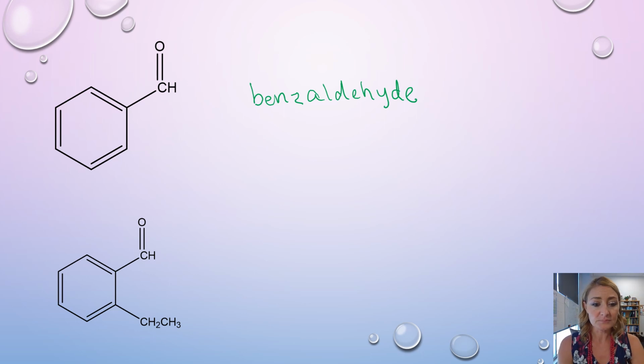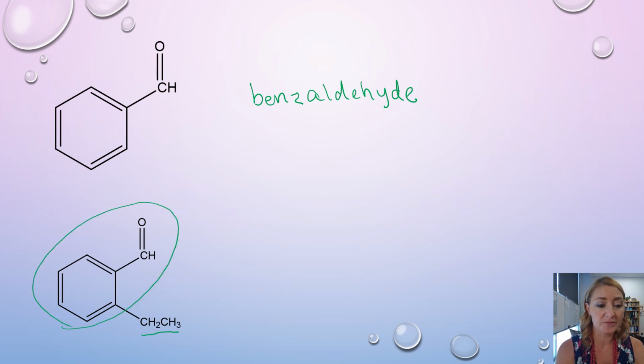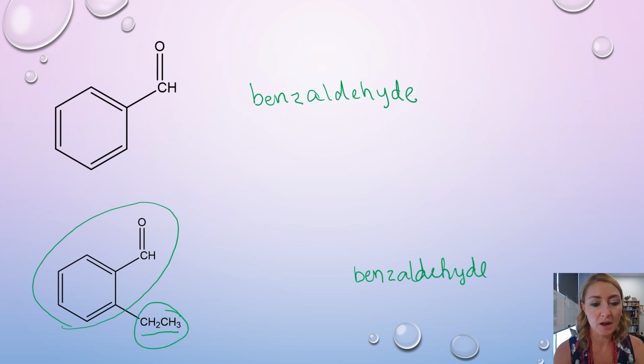All right, so here we have the same structure, but now we have an ethyl group coming off of it. So we're going to count this as our parent chain. So our parent chain is benzaldehyde. And we have to mention this ethyl group coming off of it. And there's 2 ways that we can do this. The first is just to say we have an ethyl group in the 2nd position because we're going to give the aldehyde the precedence. So it gets carbon number 1.